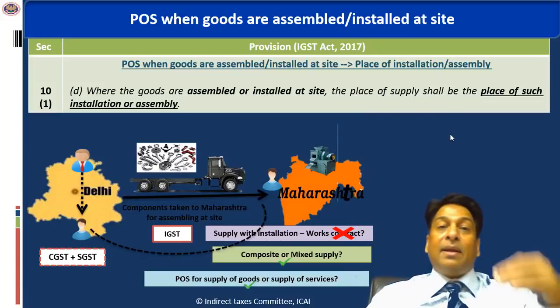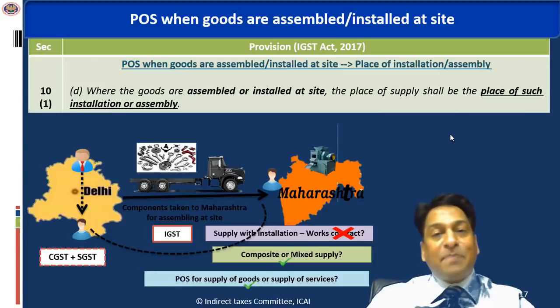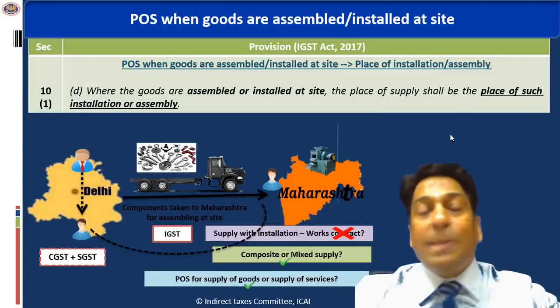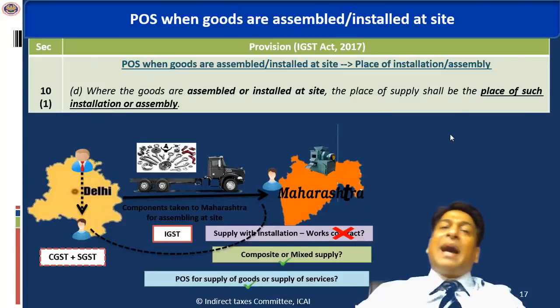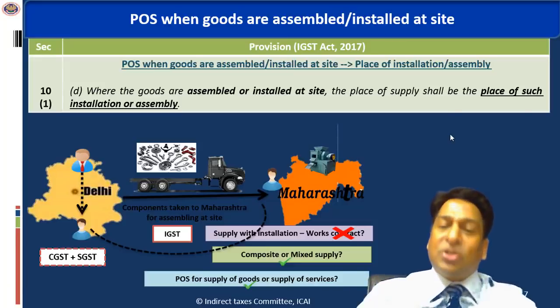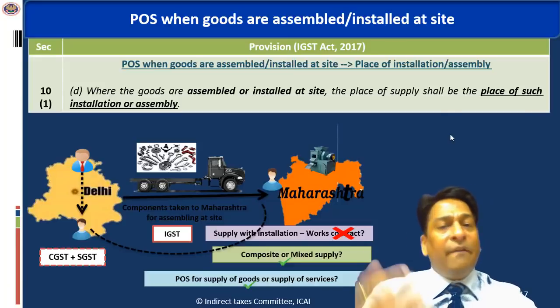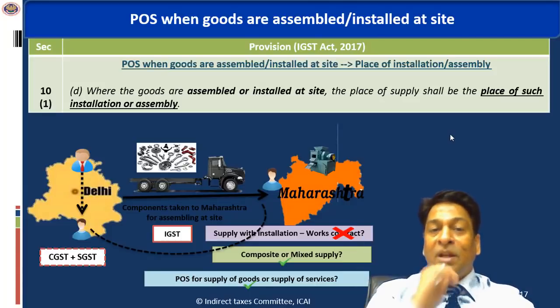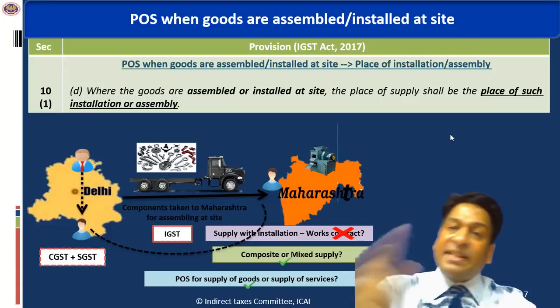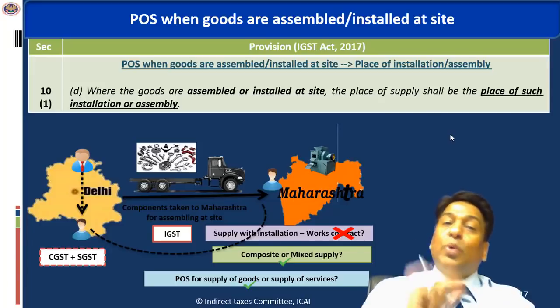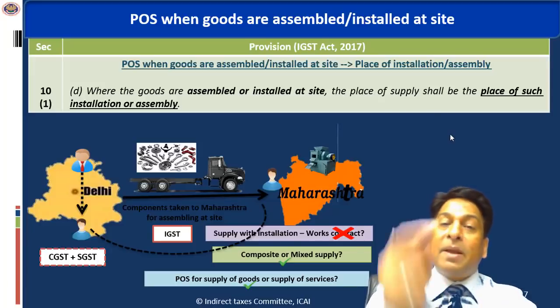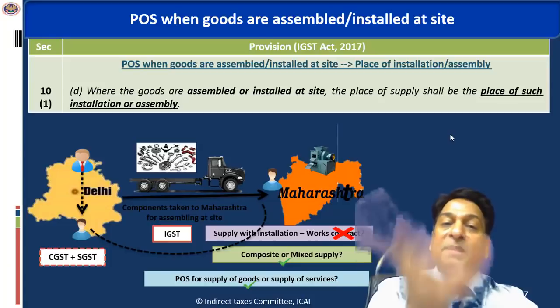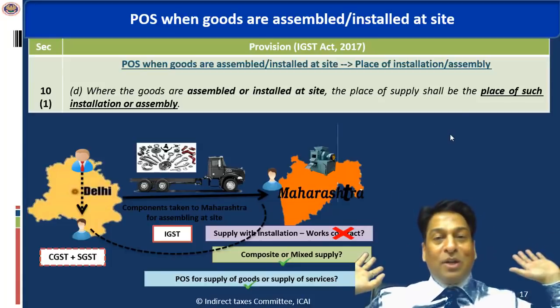So let's say goods component 28% GST rate leviable, let's assume. And supply of installation or assembly, which is a service, 18% leviable. A whole combo is considered a supply of goods, 28% leviable, because supply of goods is the principal supply. Hope clear to all of you.